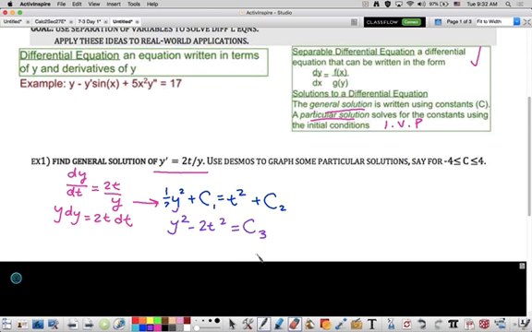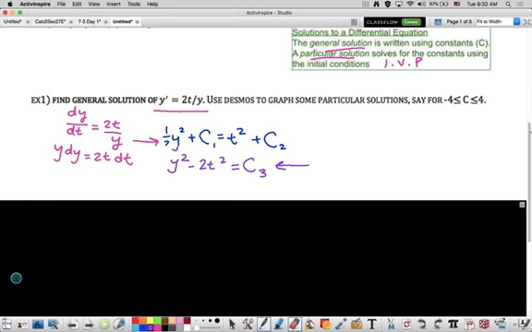So ask a question if you're getting stuck on any of these steps, because I'm skipping some. So would that be the general solution then? This is the general solution. Good to point that out. This is the general solution, and you're going to plot 9 of those into Desmos and give me particular solutions. And you get a really cool looking graph when you do that.